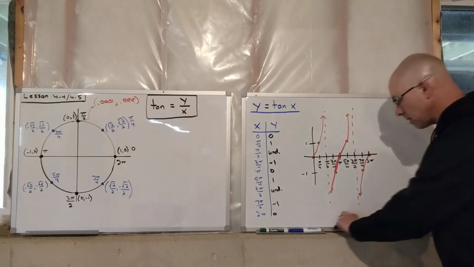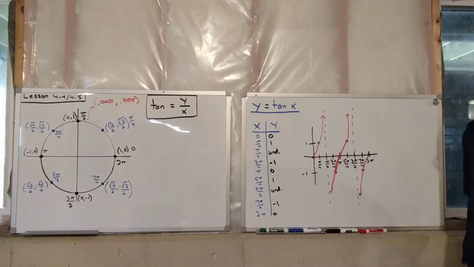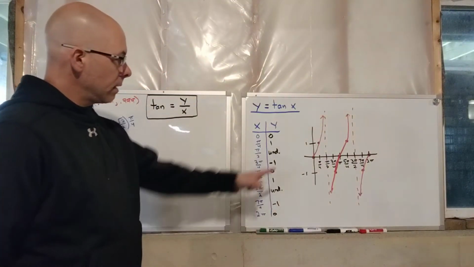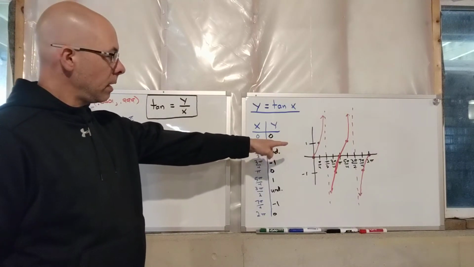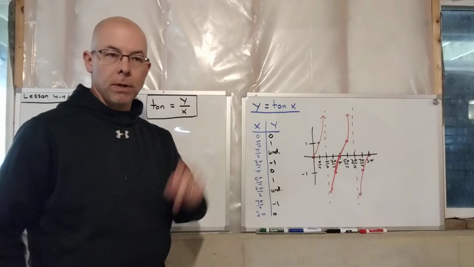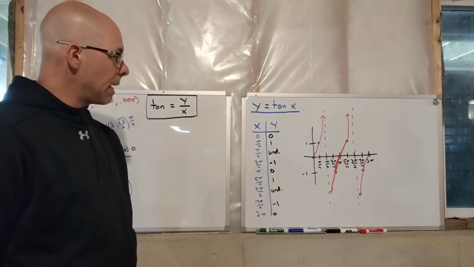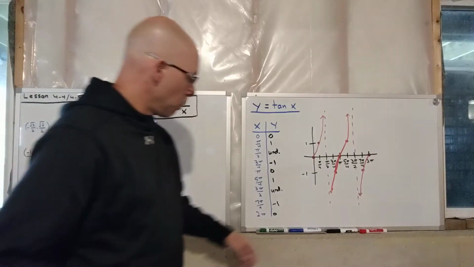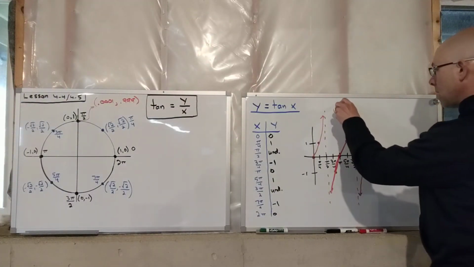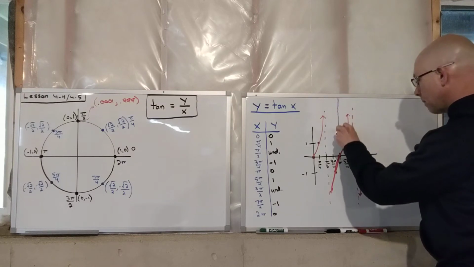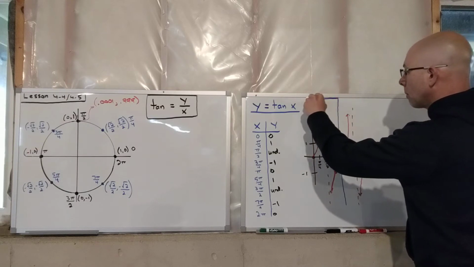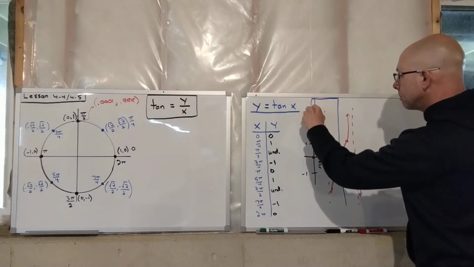Now, something that's kind of hard to see here that we're going to discuss: that actually is two repeating patterns in there. In other words, I actually just graphed 2 periods of tangent. There is a repeating area. And if I were to show you this, I want you to consider this window right here.